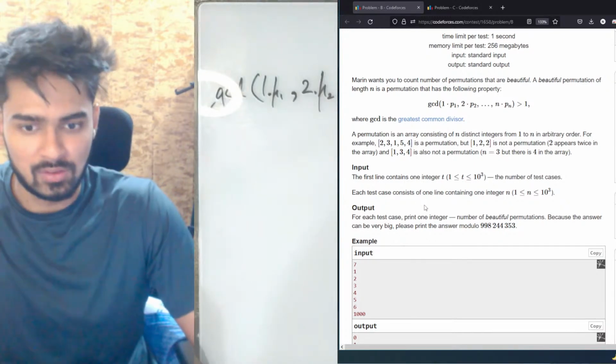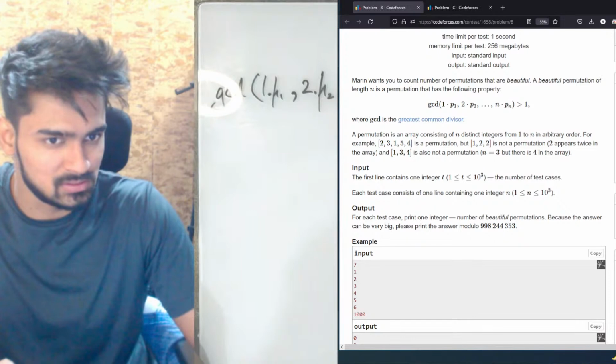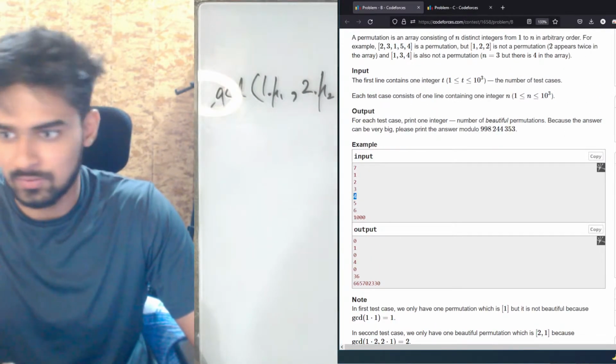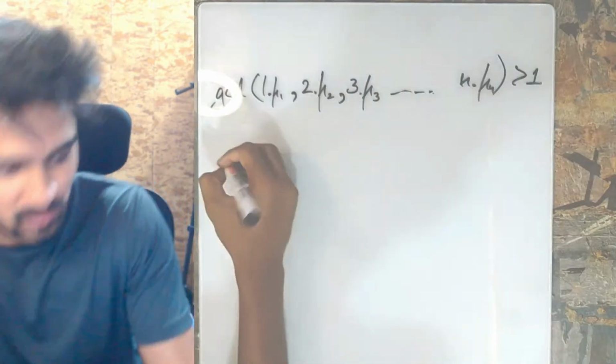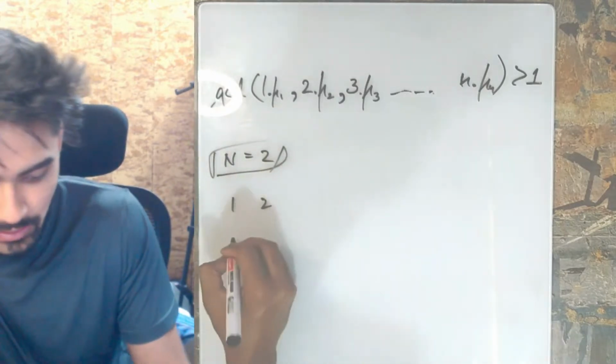So if I take an example, let's take a permutation. This is just the definition of permutation. Let's take n equal to 2 first. If n is equal to 2, there are only two permutations, 1 2 and 2 1.